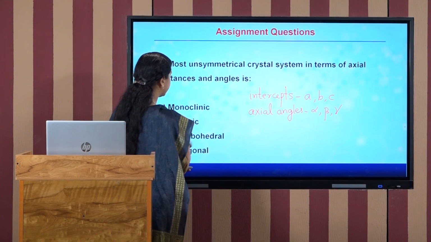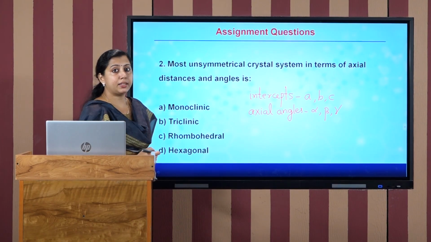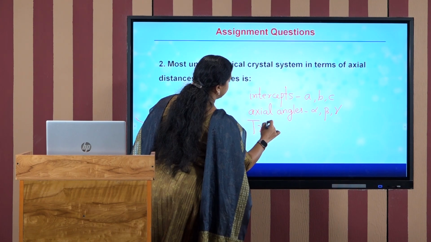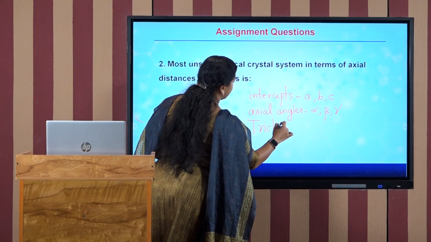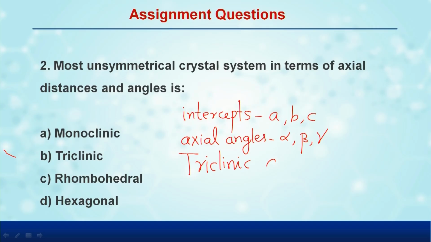When we consider each of the crystal systems, we have seen that a triclinic system has intercepts that are not equal, that is A not equal to B not equal to C. Also the angles, so alpha not equal to beta not equal to gamma.